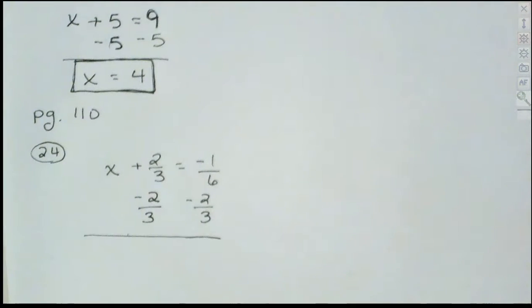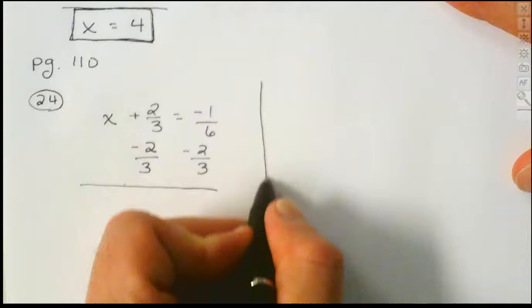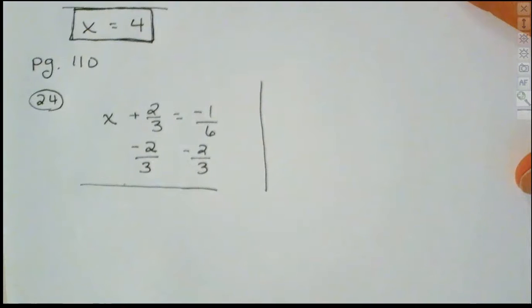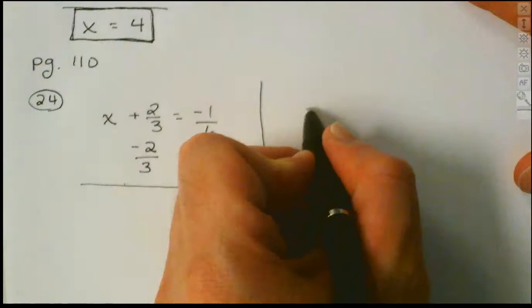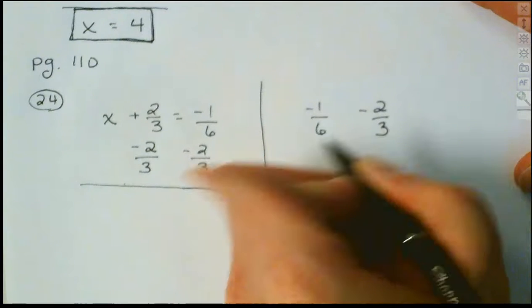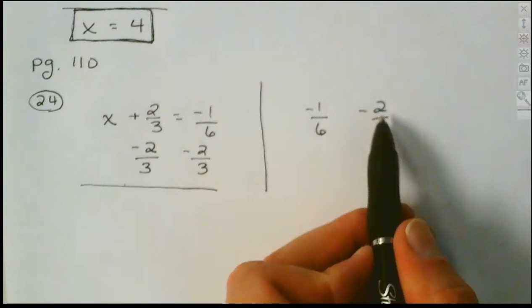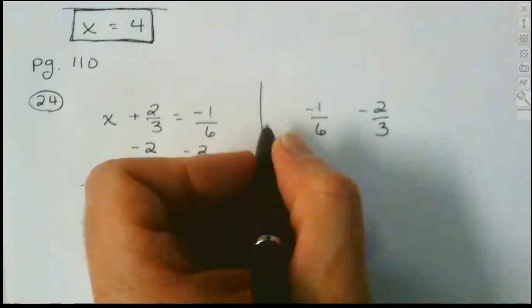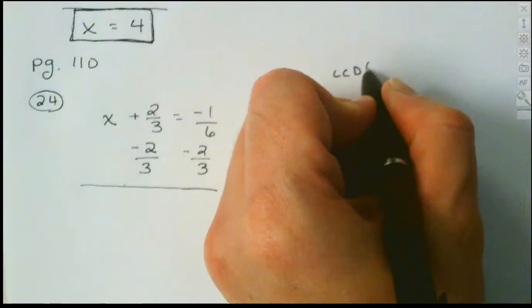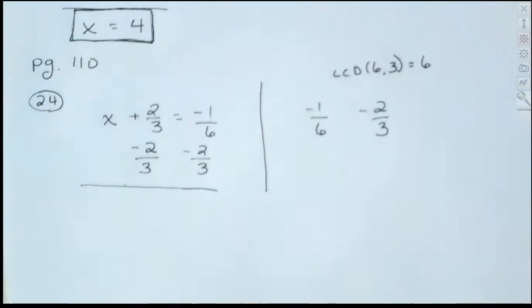from each side. Now, because of the fractions, we're going to work them out over to the side here. So we've got a minus 1/6 and a minus 2/3. So that's what we're working with here. When we add or subtract fractions, what do we have to have? Common denominators, right? So that means this 2/3, we need to make sure we have a least common denominator of 6, because 6 and 3, my least common denominator is a 6.